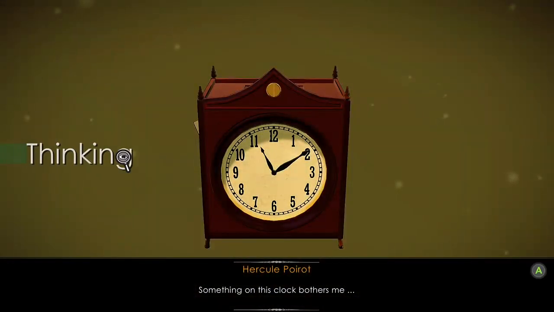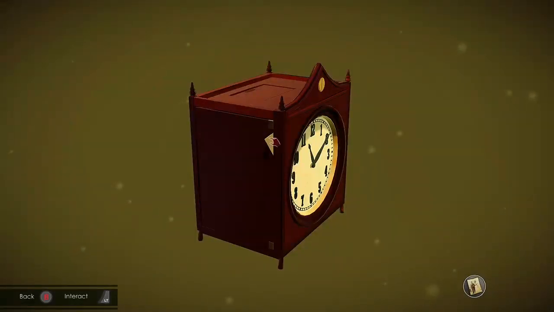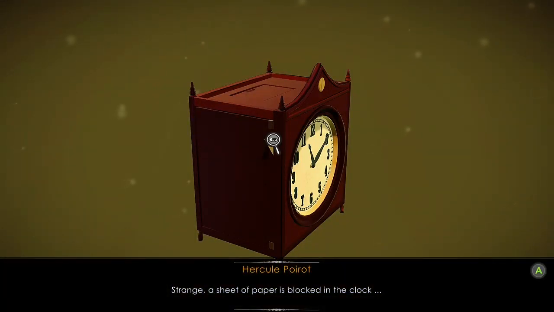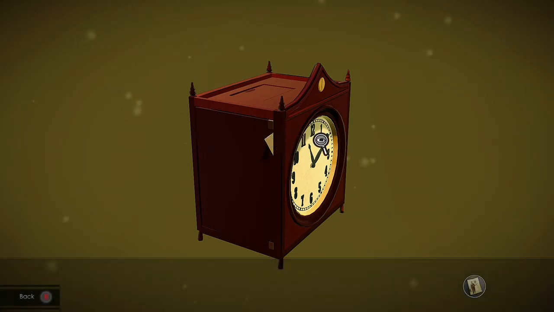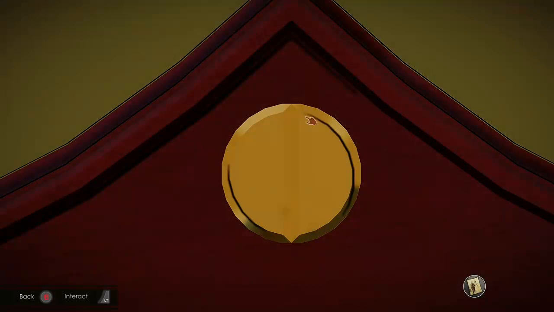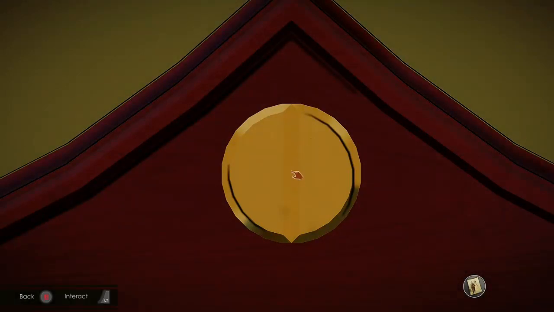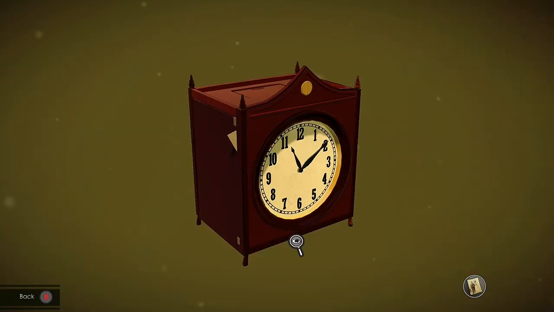Something on this clock bothers me. Strange. A sheet of paper is blocked in the clock. This metal disc is stuck. So I need something to lift it?